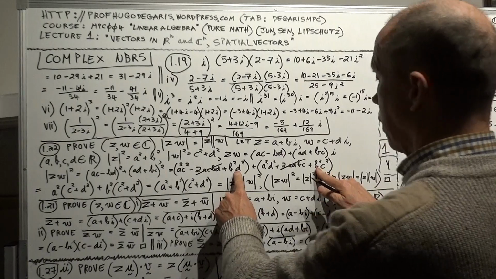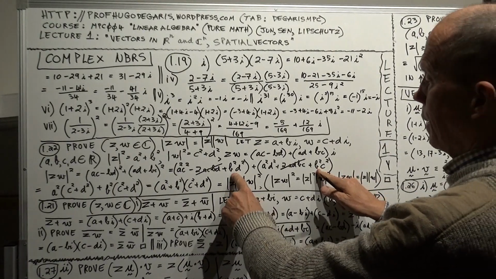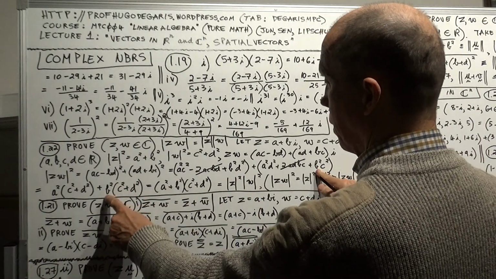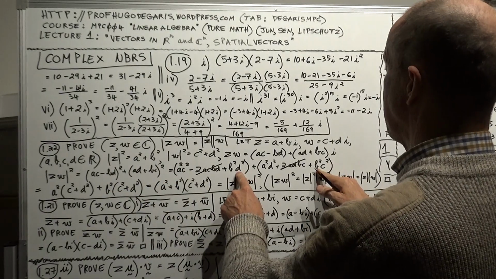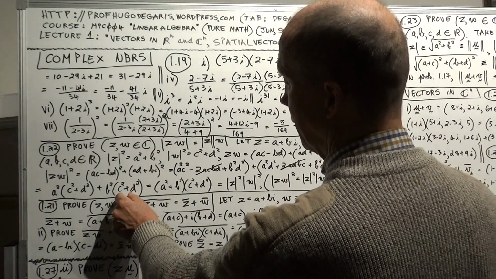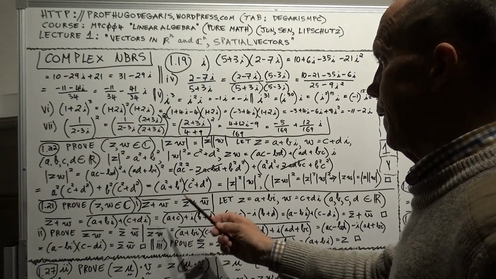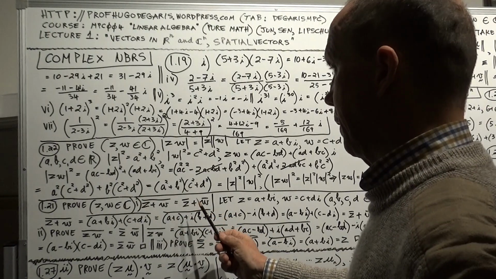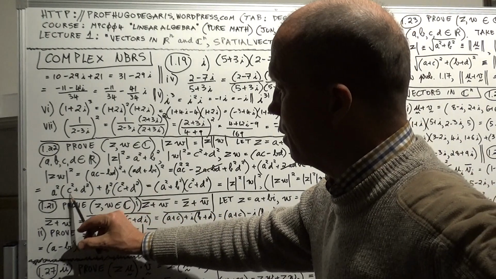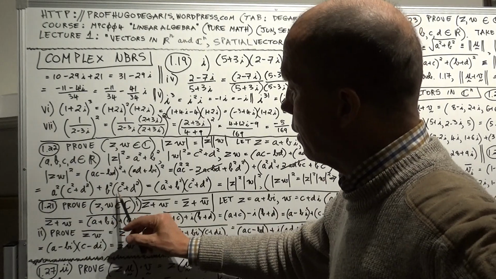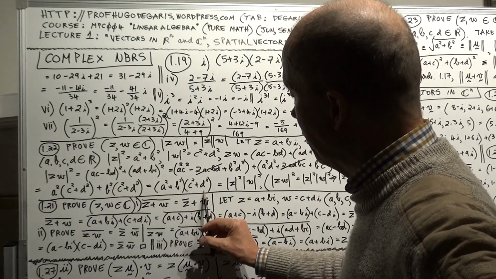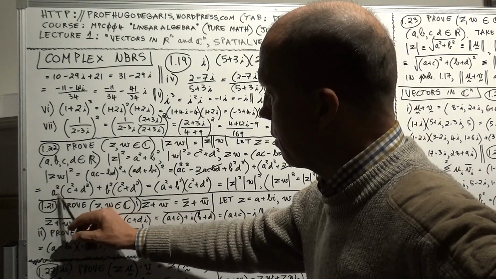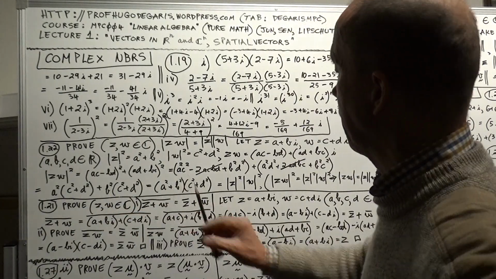Similarly here you've got b squared in common, so take the b squared out and put c squared plus d squared in the brackets. Notice you've got c squared plus d squared in common, so take that out and you get a squared plus b squared in the brackets.